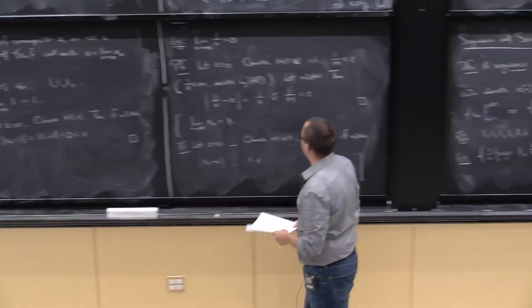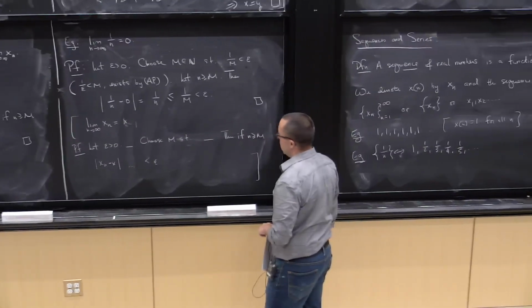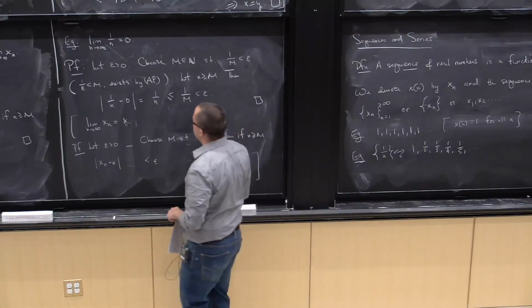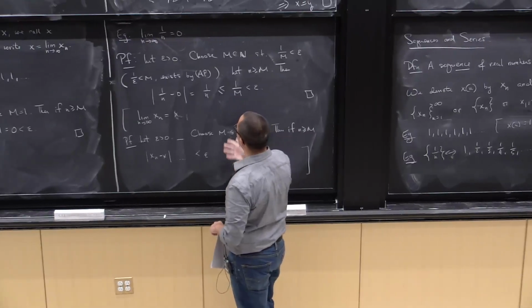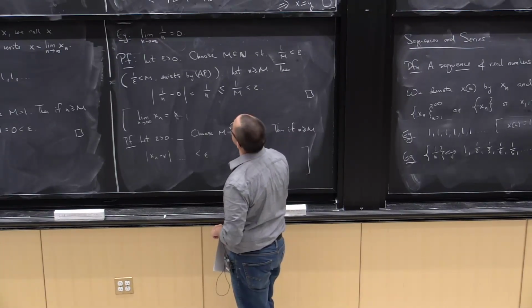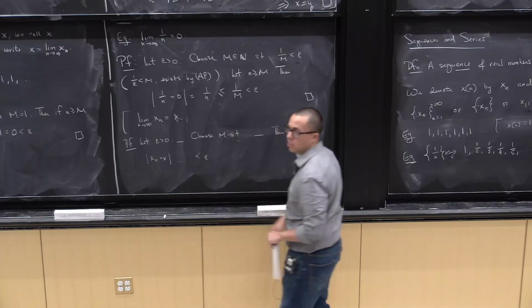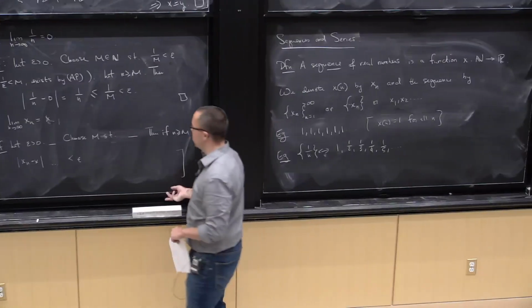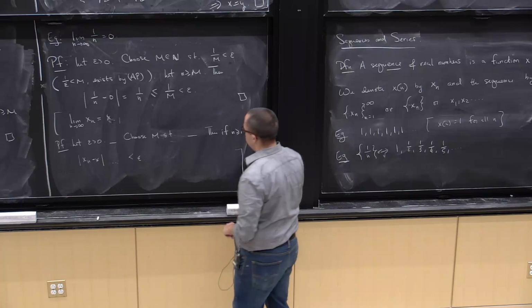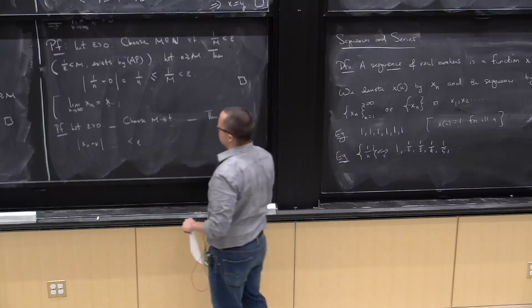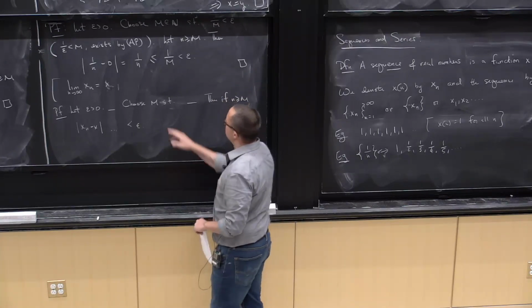All right. Now, how do you come up with such a capital M? So again, this is just discussion, and maybe we won't get to any more examples. I'll just finish this discussion, and then we'll call it a day. How do you come up with such a capital M?